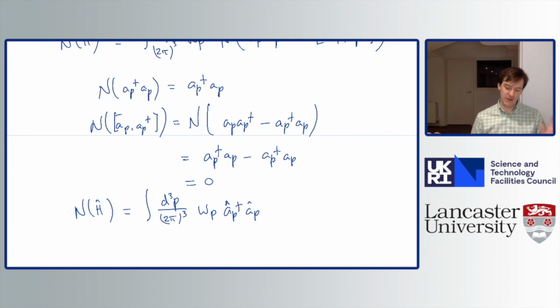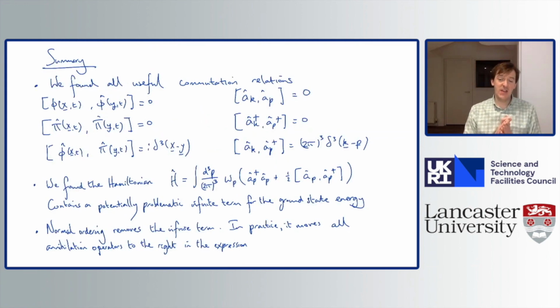that we were unsure of how to interpret. So with the normal ordering, we don't even have to think about it because it's just been removed from the problem. Let's end this lecture then with a very brief summary. So we have found all of the useful commutation relations for this theory.